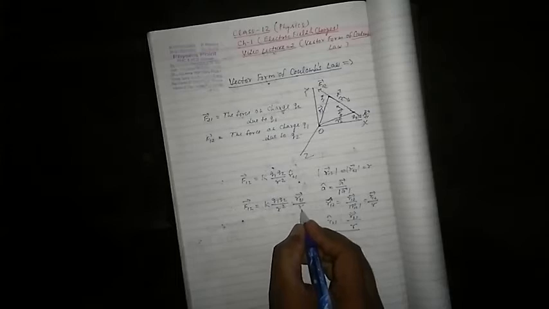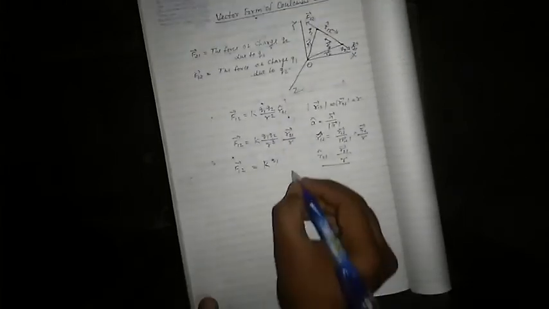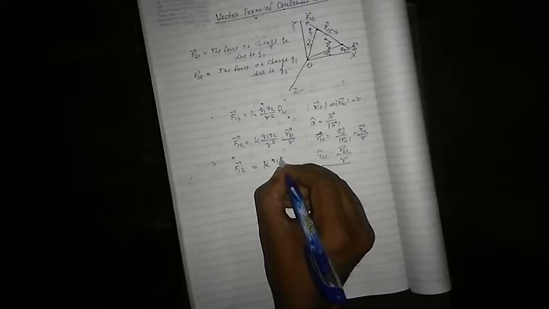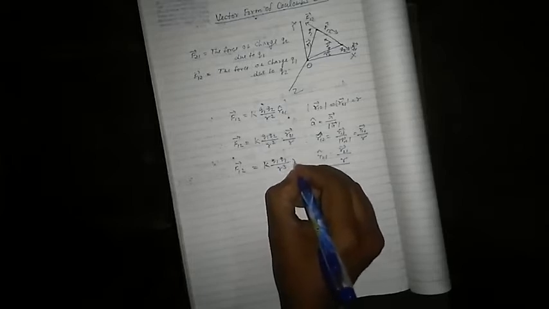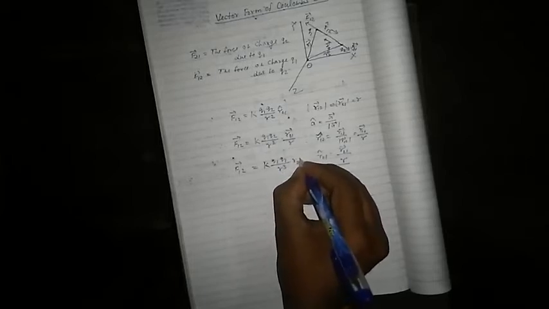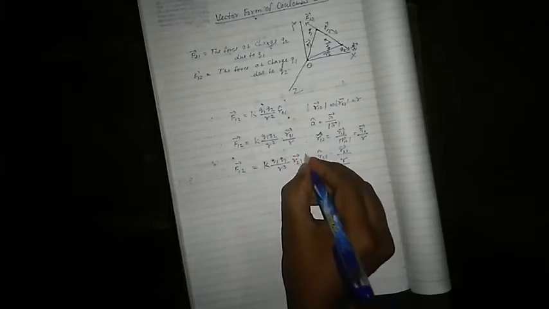This is the unit vector, this is the vector. This r and this r square make r cube. Therefore F12 is k q1 q2 by r cube and the vector r21.